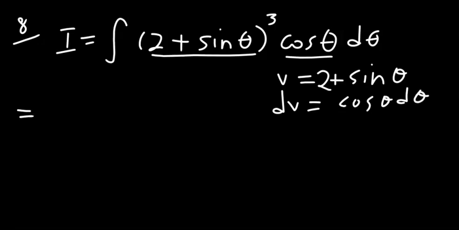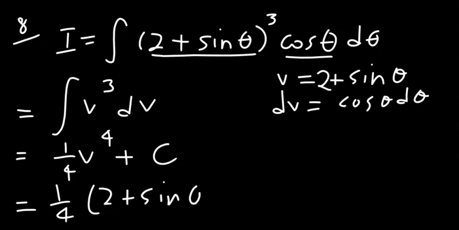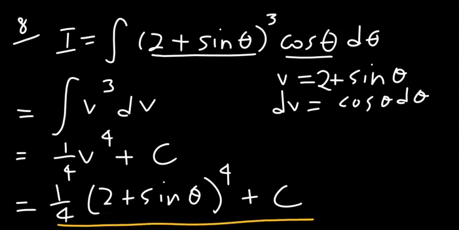So writing the integral now in terms of v, you have v cubed dv, which is just 1 over 4 v to the power of 4 plus an overall integration constant. Now substituting back the expression for v, you get 1 over 4 times 2 plus sine theta to the power of 4 plus integration constant c, and that is the final answer.